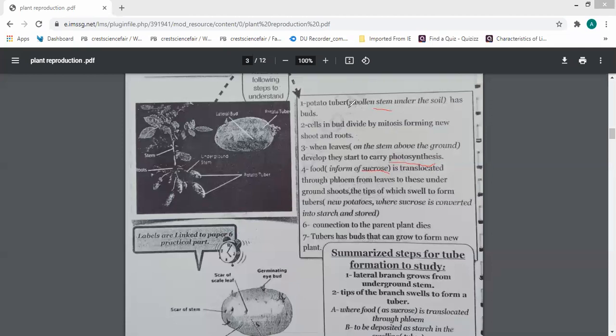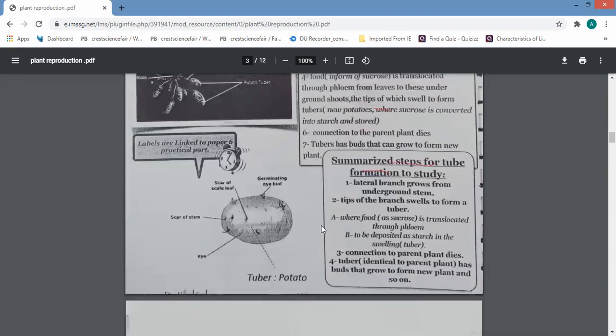Then the phloem transports this food to the stem, and the tuber takes this food, and then the tuber starts to separate from the stem to produce a new potato.